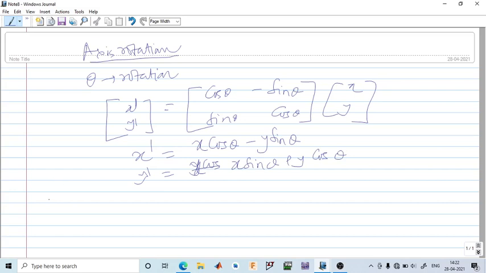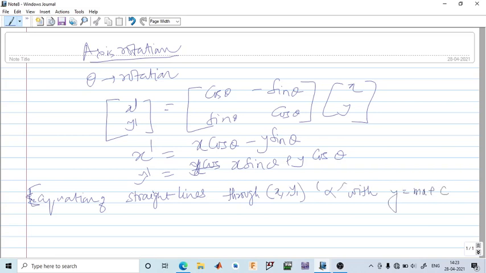Suppose we need to find the equation of a straight line through a specific point. Suppose we define the point as x1 y1, that makes angle alpha with, suppose, y equals mx plus c.